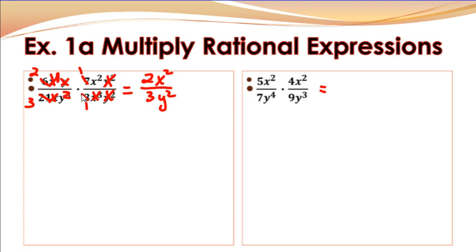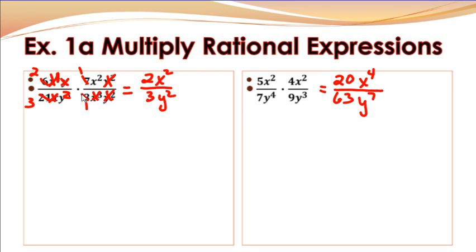So 5 times 4 is 20. X to the 2nd times x to the 2nd is x to the 4th. Remember, when you multiply like bases, you add the exponents. And then the denominator, 7 times 9 is 63. Y to the 4th times y to the 3rd is y to the 7th.